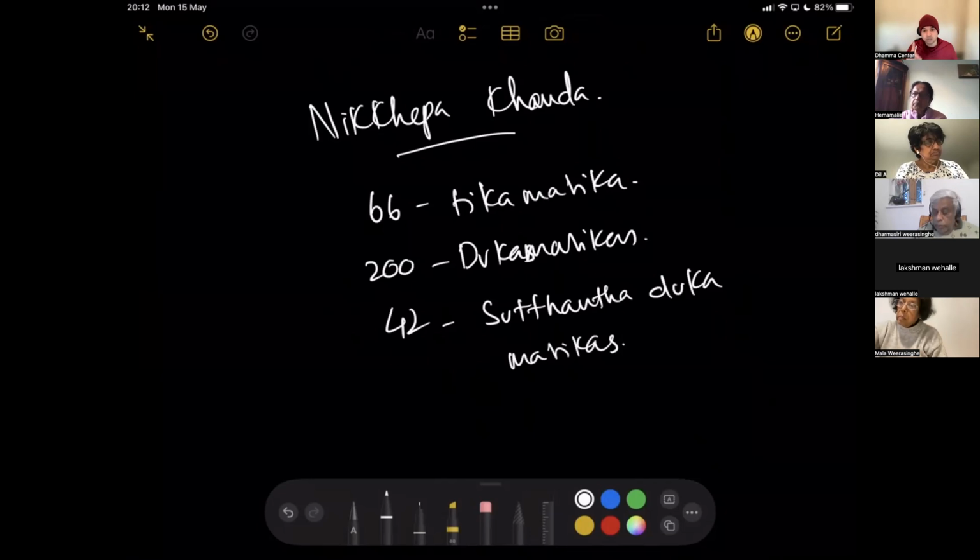Suttantika Dukkamatika, it's 42, so 42 times 2, as Padas. Suttanta Dukkamatikas, Dukkha is a pair.